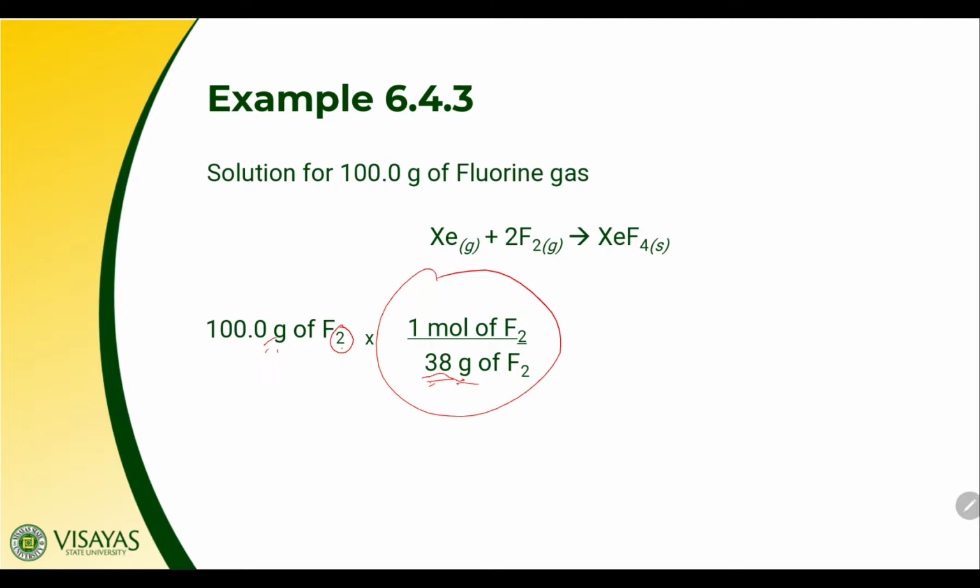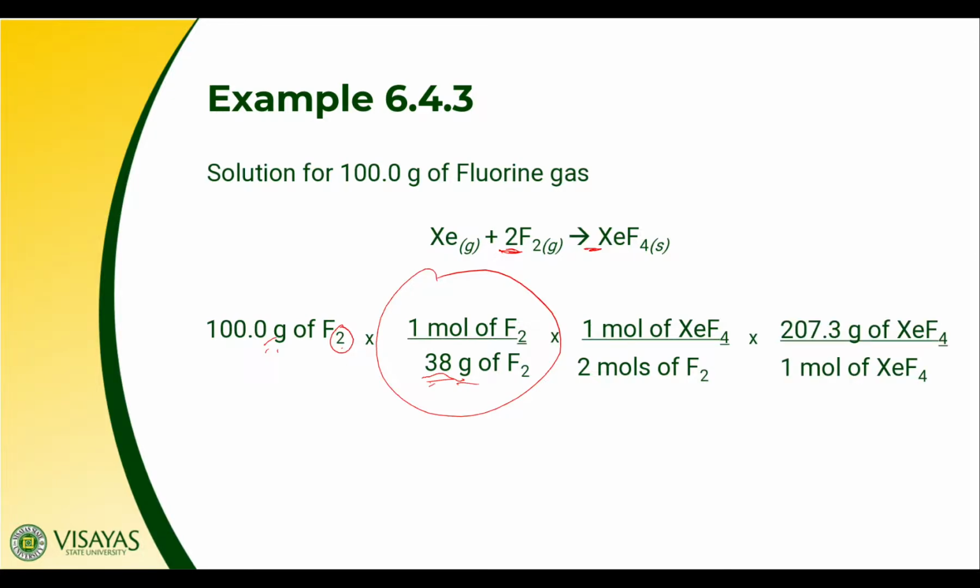Okay, next step. We convert now the mole fluorine into mole xenon tetrafluoride using the molar ratio in the balanced chemical equation. We have 2 moles of fluorine gas is to 1 mole xenon tetrafluoride. Here we put the mole fluorine in the denominator and the 1 mole of xenon tetrafluoride in the numerator. Lastly, we convert mole xenon tetrafluoride into gram xenon tetrafluoride using the molar mass of xenon tetrafluoride.